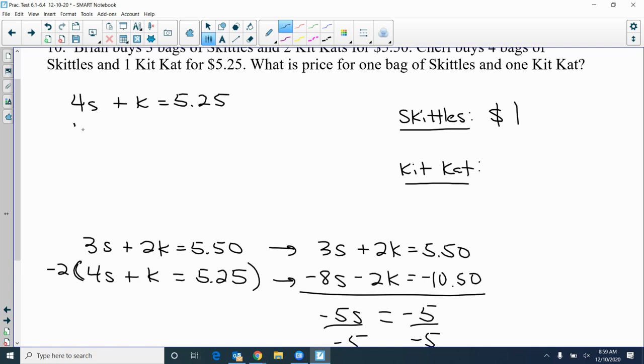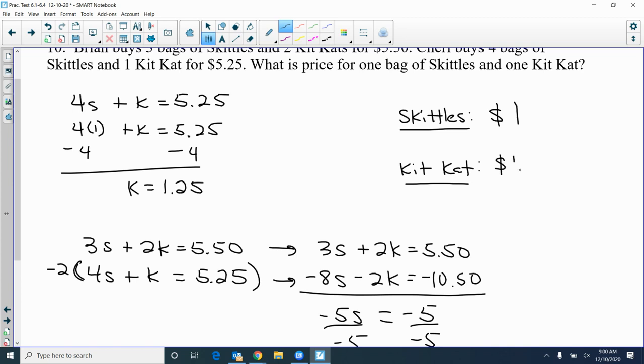So I'm gonna plug in $1 for my Skittles. And then subtract 4. 4 times 1 is 4. And what do I get for my Kit Kat? $1.25? $1.25. Okay?